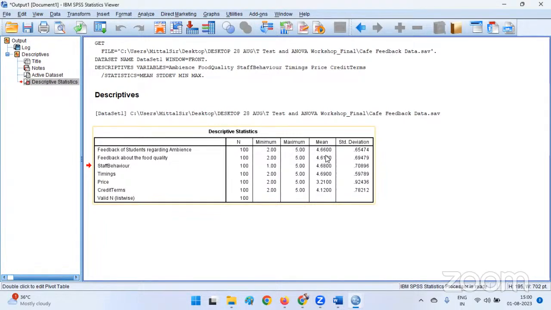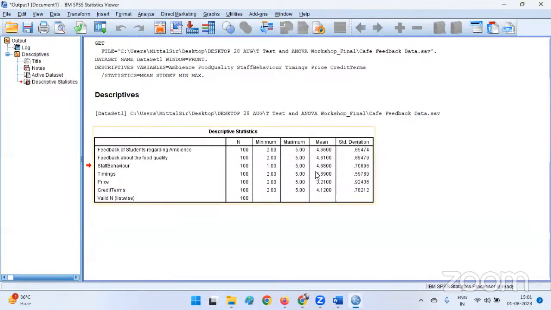Food quality 4.61 out of 5. Staff behavior 4.68, good. Timing is 4.69, again very good. Price is 3.21, very close to the neutral value of the scale, but still higher, so good, but not that good. Credit terms is also not very good, but on the higher, agreed side.